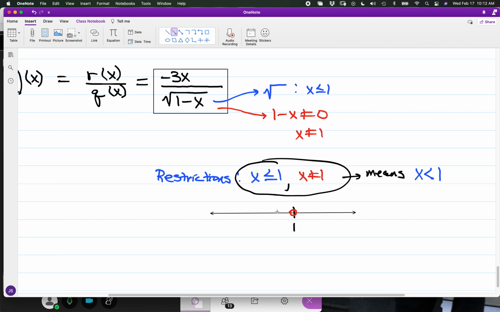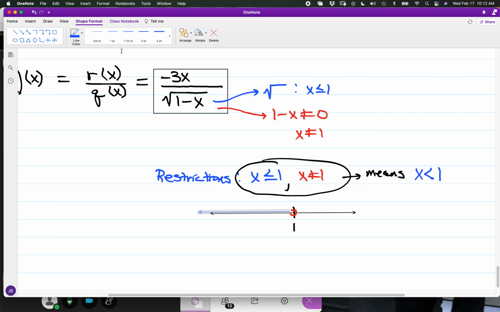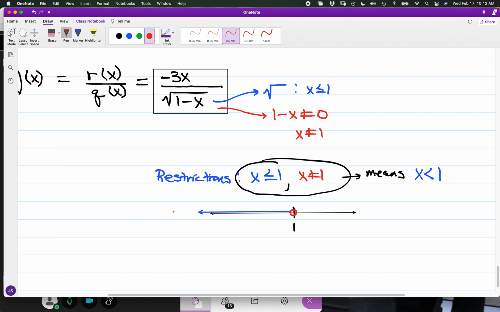This means we're going to have a ray that's going to go continuously out to the left. So in the case of the domain of r over q of x, you have going from negative infinity, approaching, but not including 1.